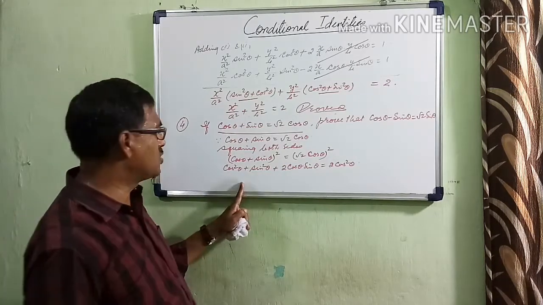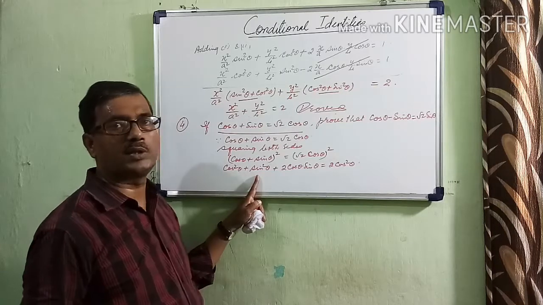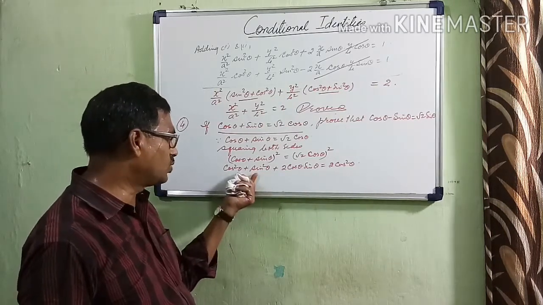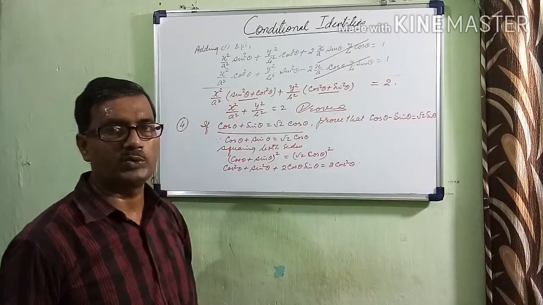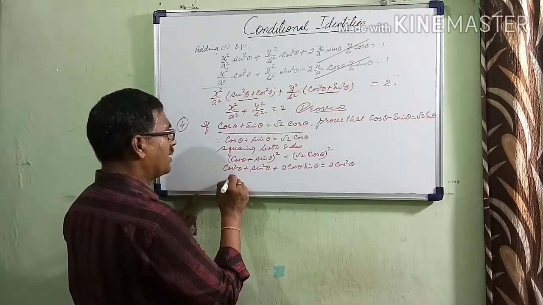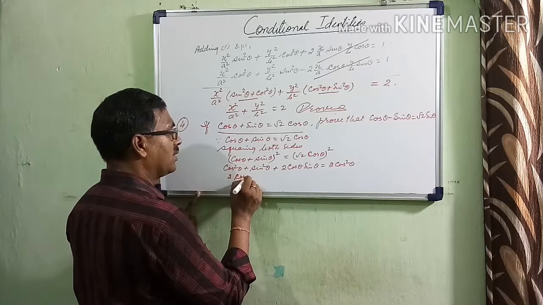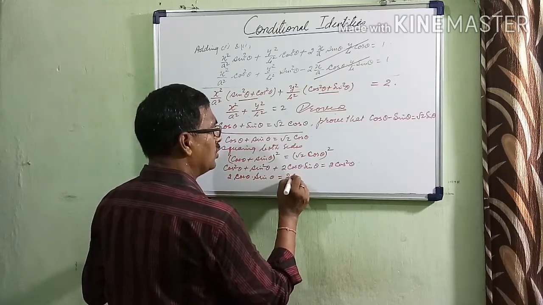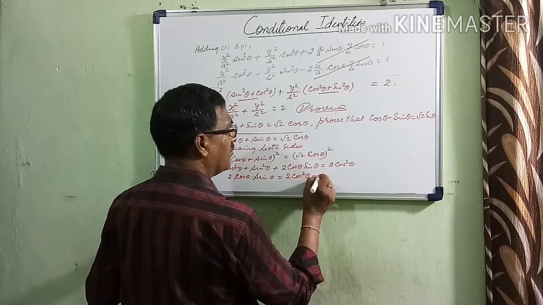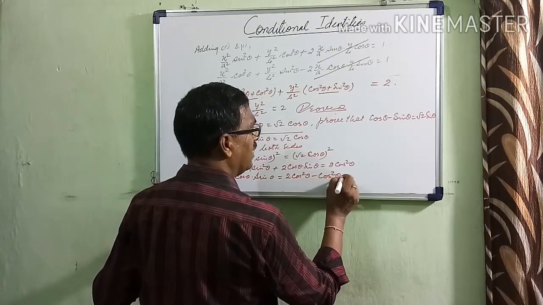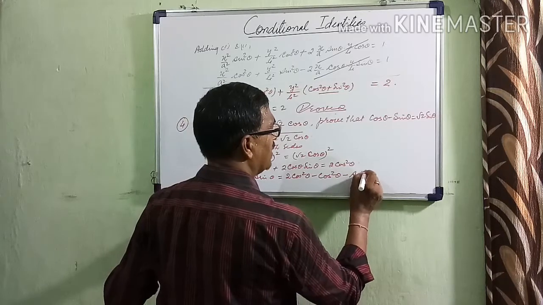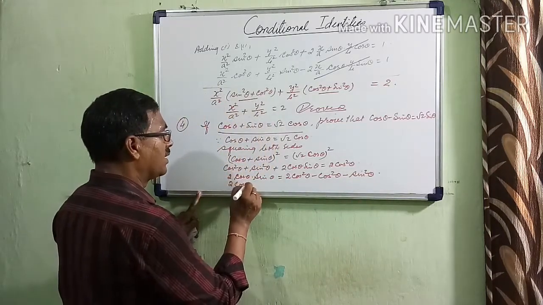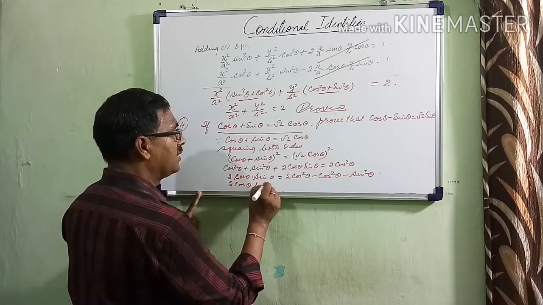Don't at once write down cos²θ + sin²θ = 1. Instead of that, these both terms are transposed to the right hand side. What will happen? 2 cos θ sin θ = 2cos²θ − cos²θ − sin²θ.